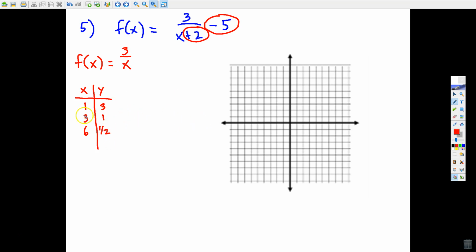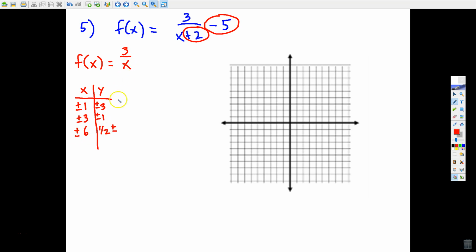Okay, and so for the parent, we have these points, and then don't forget, these inverse variation functions are in 2 parts. And so when you do inputs, always remember to do the opposites of those numbers. So many times, I will express the table of values like this, plus minus, okay?